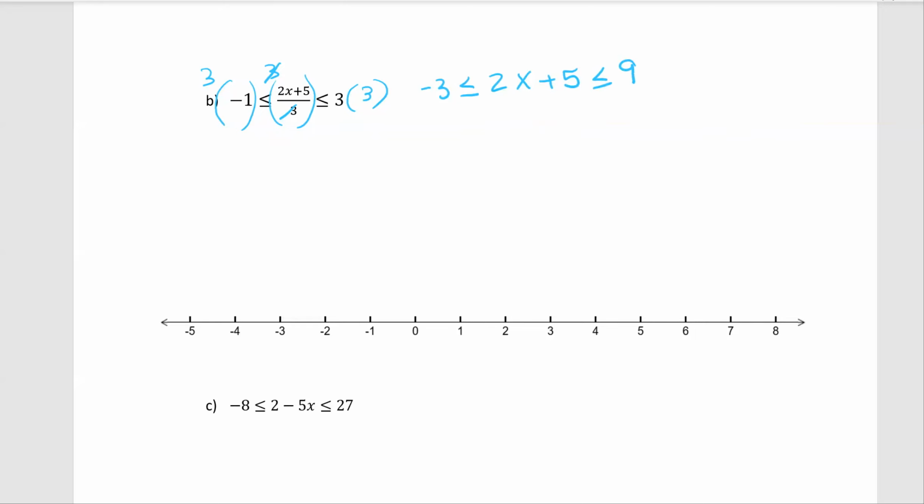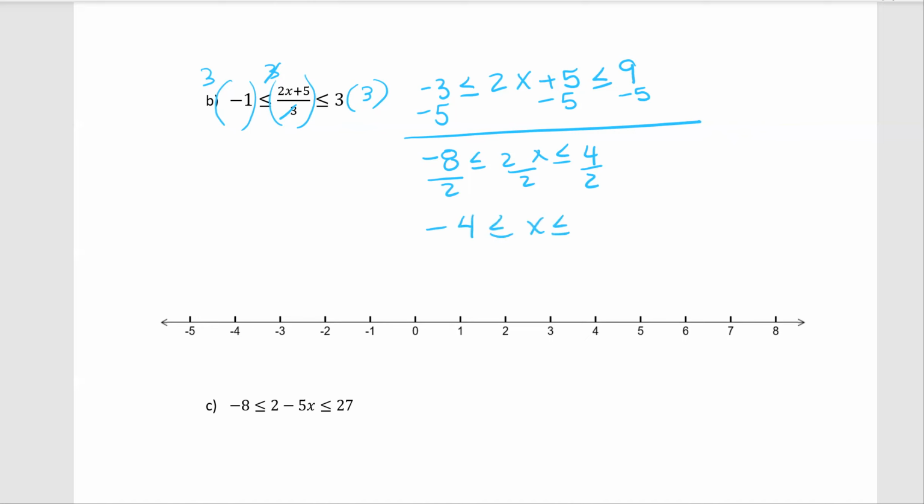Now it looks just like the previous example where we will subtract 5 from all 3 sections. And divide everything, all 3 sections by 2. So x is greater than or equal to -4 and x is less than or equal to 2.